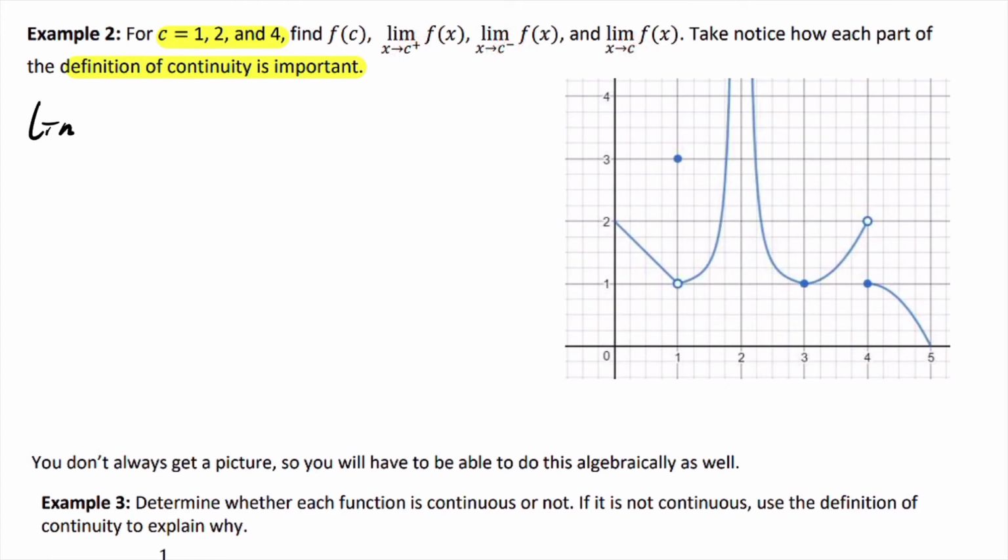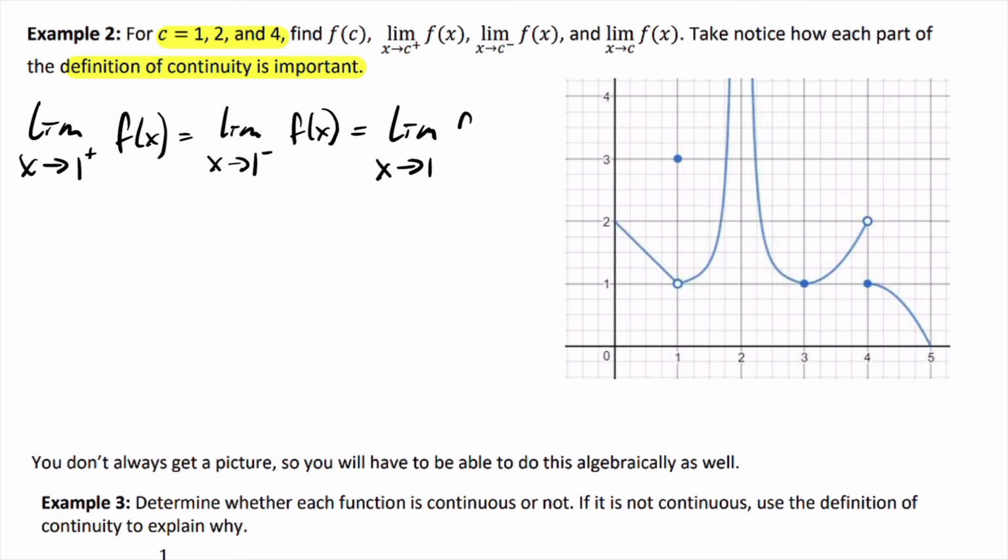Okay, so I'm going to say the limit as x approaches 1 from the positive side of f of x equals the limit as x approaches 1 from the left side of f of x is equal to the overall limit of f of x, which is equal to f of 1. Okay, that's the definition. If all of those are equal, it's continuous.